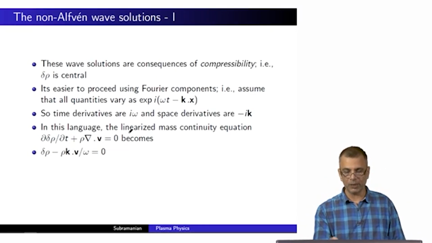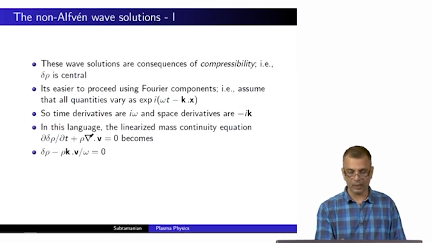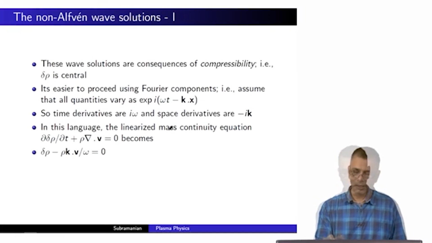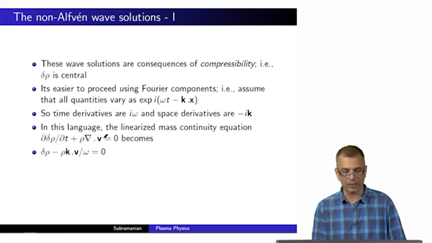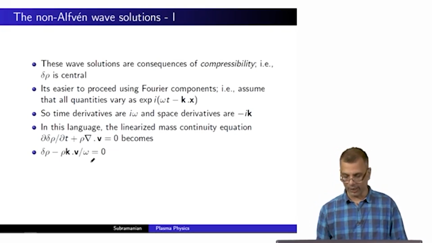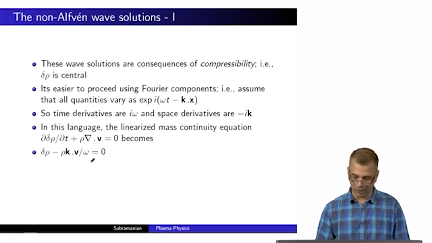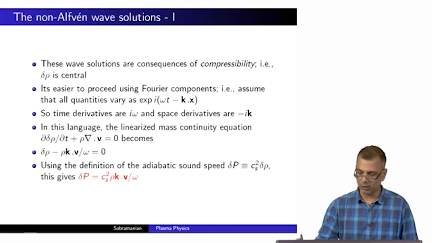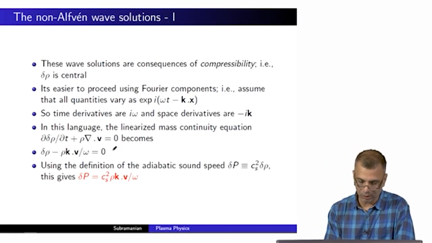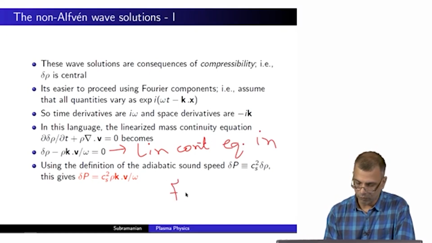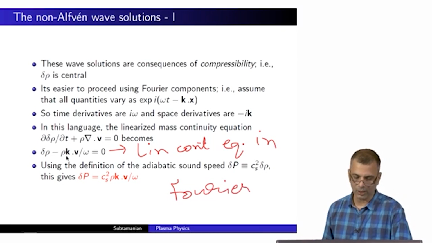The d over dt became an i omega, and the divergence of v became an ik times v. That is it. So that's how you get this. This is the same thing as the mass continuity equation. So this is really the linearized continuity equation in Fourier language. That is what this is.